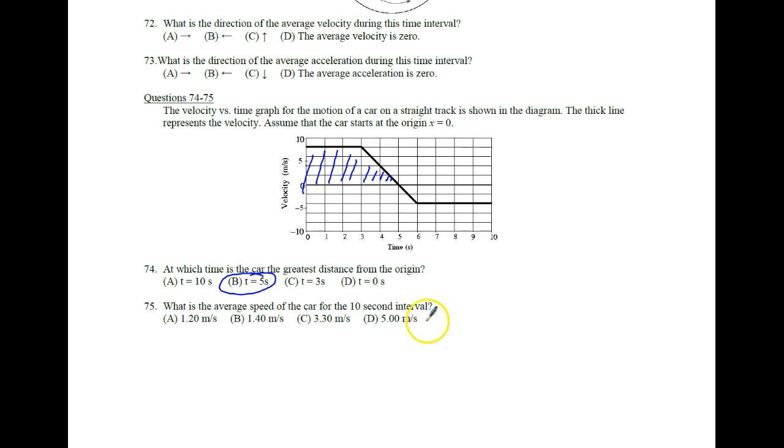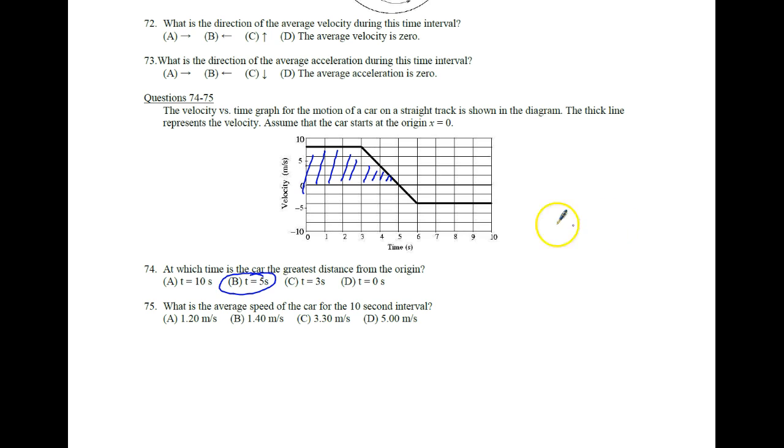They want to know what is the average speed of the car for the 10-second interval. Oh shoot, let's see, that's not right. The average speed here is equal to the total distance divided by the total time.